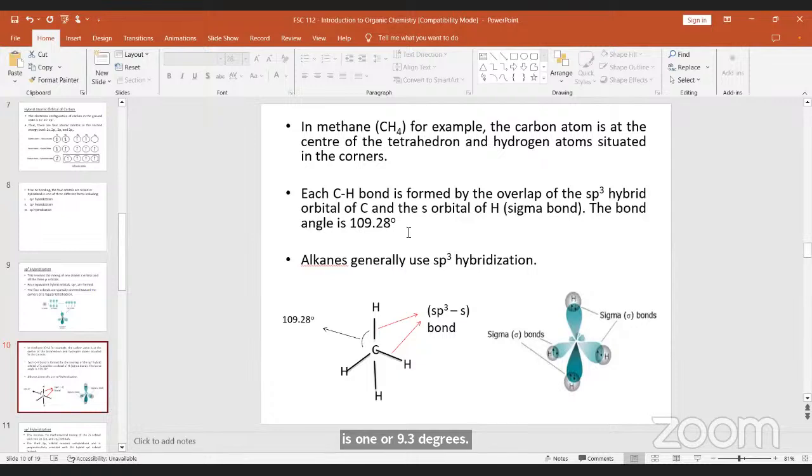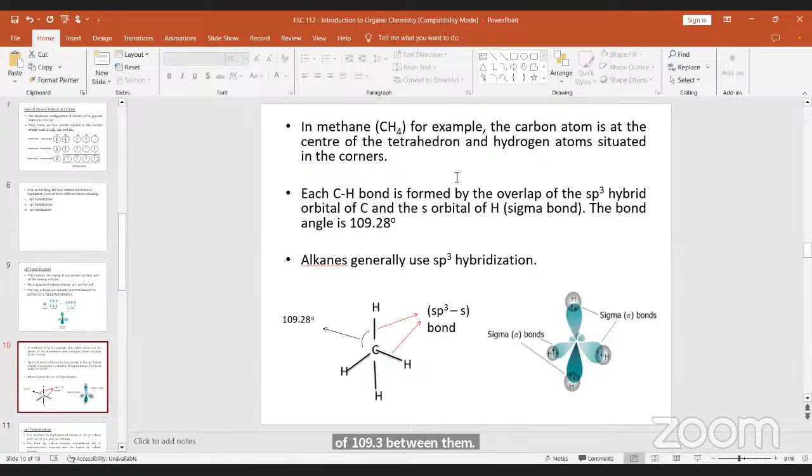Number one is that the shape is tetrahedral, and number two, the angle between the hybrid orbitals, this angle here, is 109.3. Any of the orbitals in relation to the other has an angle of 109.3 degrees between them.